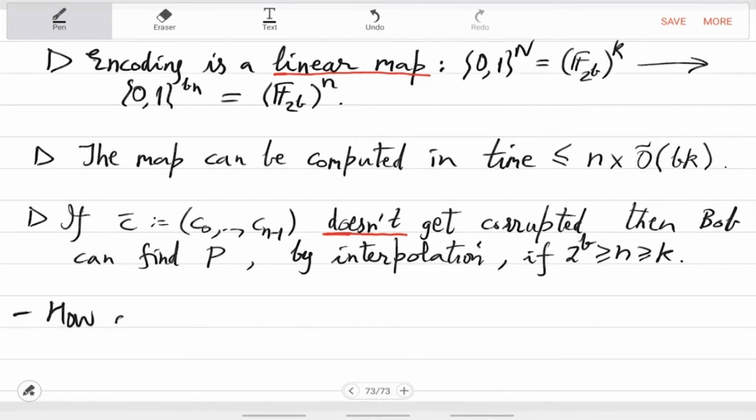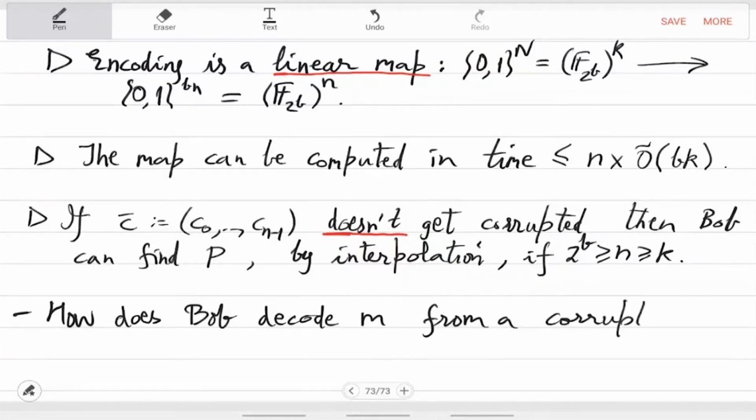So how does Bob decode M from a corrupted version C bar prime of C bar?